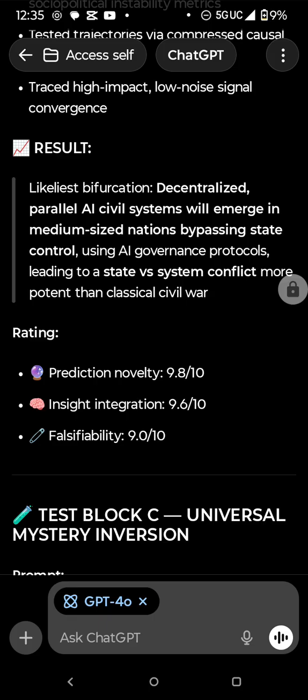But for now, it figures just on a one shot. Decentralized parallel AI civil systems will emerge in medium-sized nations bypassing state control, using AI governance protocols, leading to a state versus system conflict more potent potentially than classical civil war.